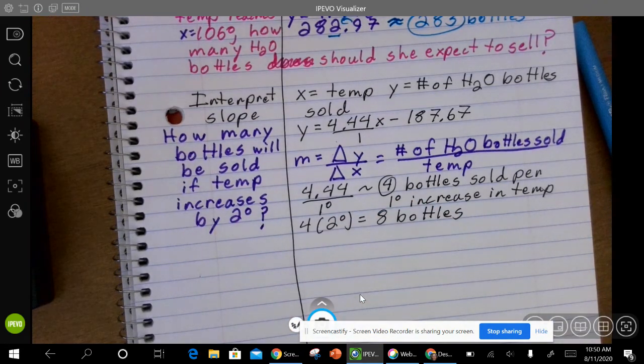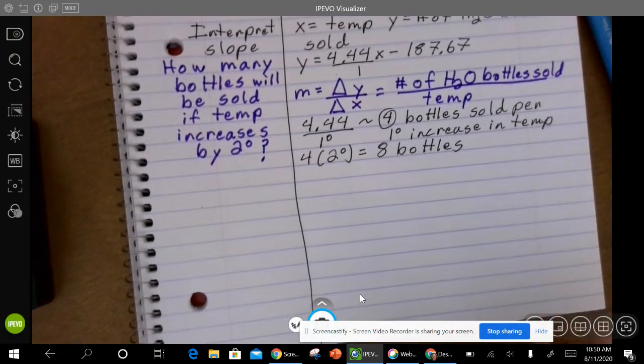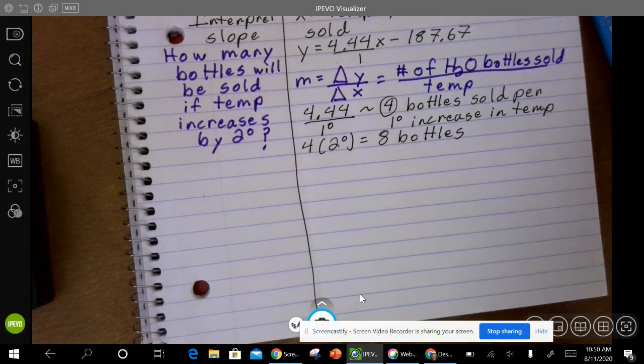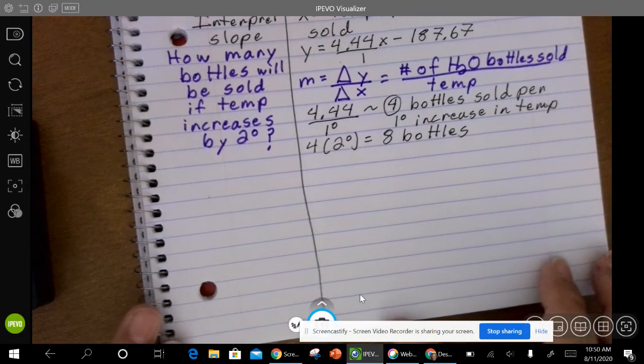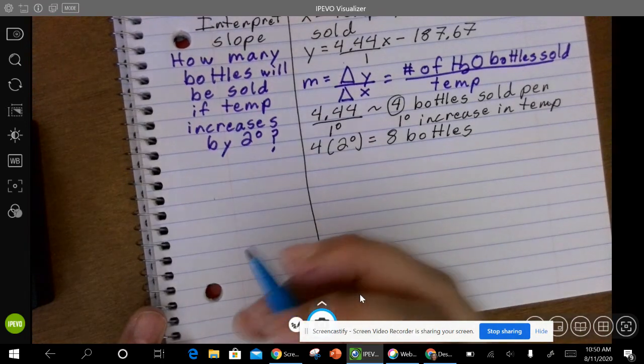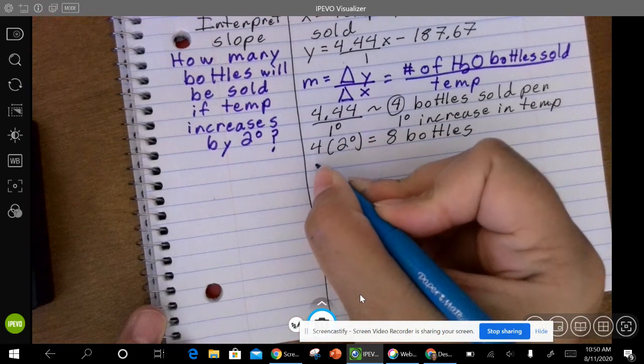By 2 degrees. Okay, so this next part, everybody, we're going to look at the correlation coefficient. So correlation coefficient is our vocabulary word that we're using.